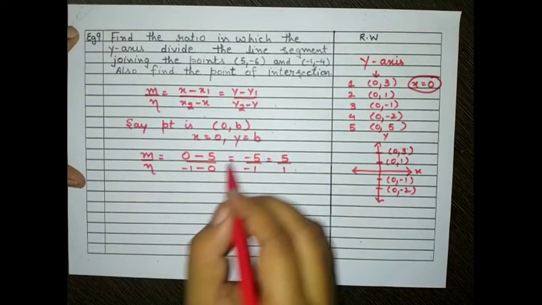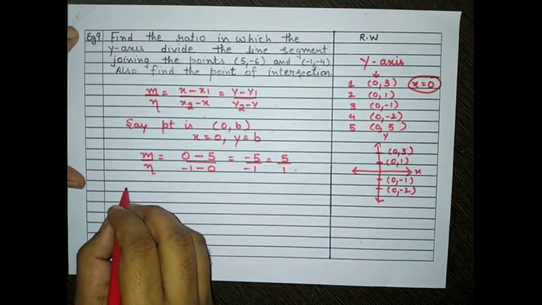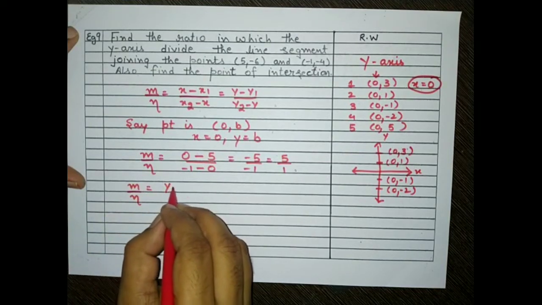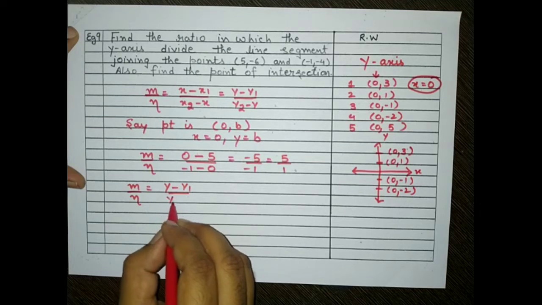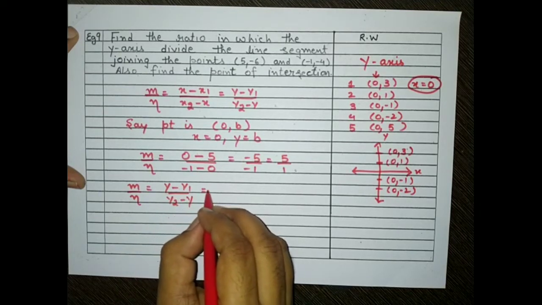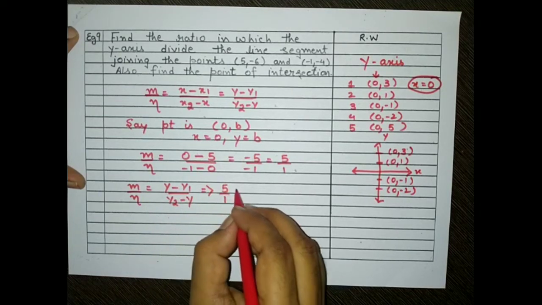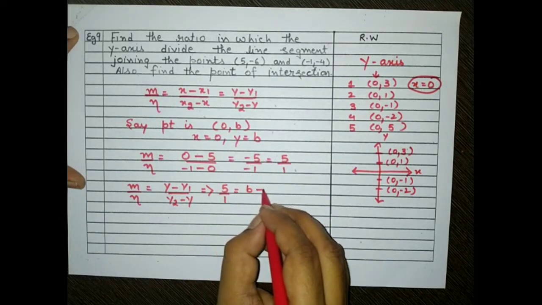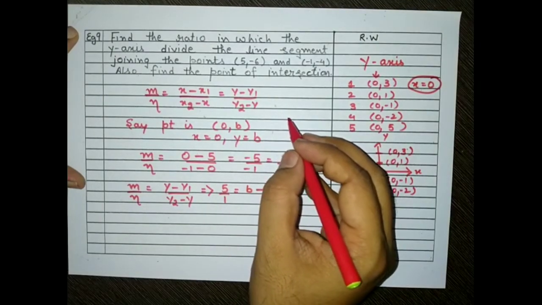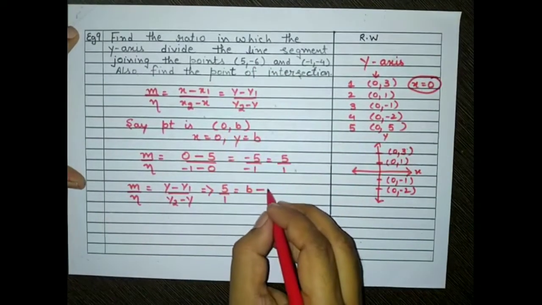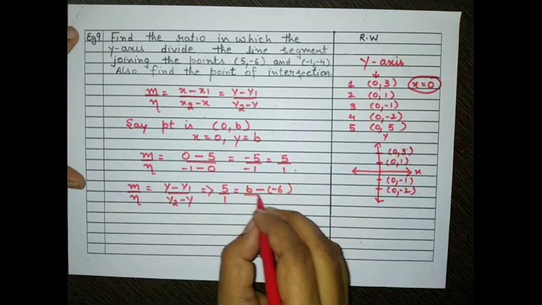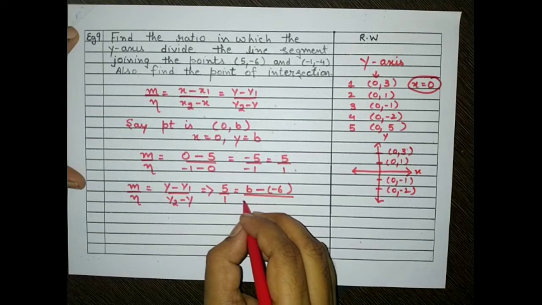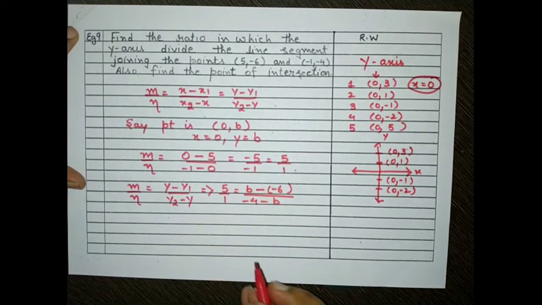Now here we need to find the point of intersection also. Now I will consider the y part. So m by n is equal to (y - y1) over (y2 - y). Now I know what m over n is from the first part. It is 5 over 1, is equal to, y is b, so it is (b - y1), that is -6, over (y2 - y), that is -4 minus b.